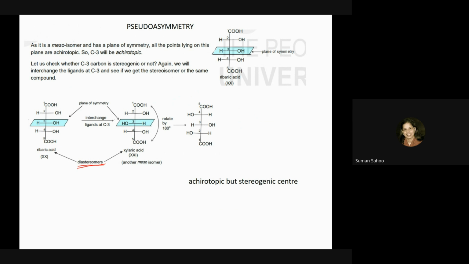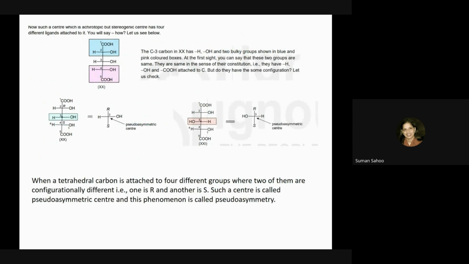They are giving you your diastereomers. If you rotate it, that is not going to give you the same compound. So this carbon number 3, although this is not a chiral compound, is a stereogenic center. Although the molecule is not chiral, we still have a stereogenic center.